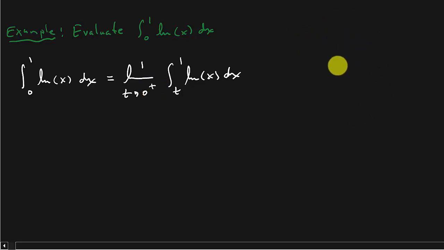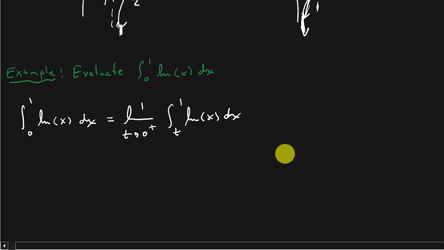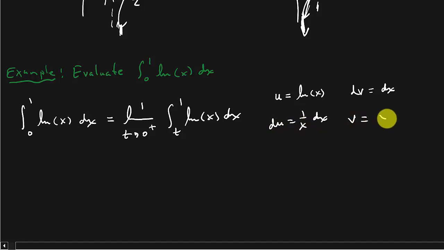Now, we need to integrate this thing. It's not so bad with parts, so let's just do parts. We're going to let u equal natural log x, dv is equal to dx. So du is 1 over x dx, and v is equal to x.